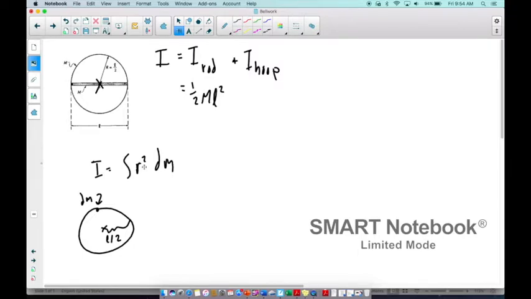Remember that r is the distance away from the axis of rotation that my little mass pieces are, and that's a constant L over 2. So I can pull that out, and I'm going to get L squared over 4 times the integral of dm. And the integral of dm, when you add up all the little mass pieces, is just mass. So the I of the hoop then is just 1/4 ML squared.